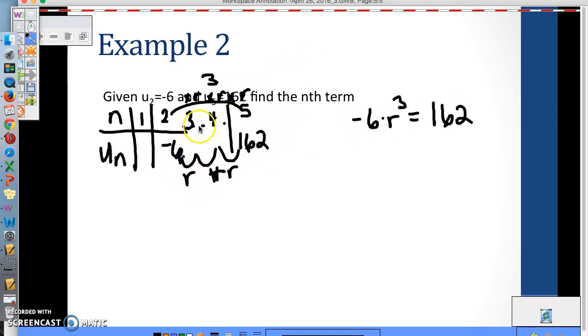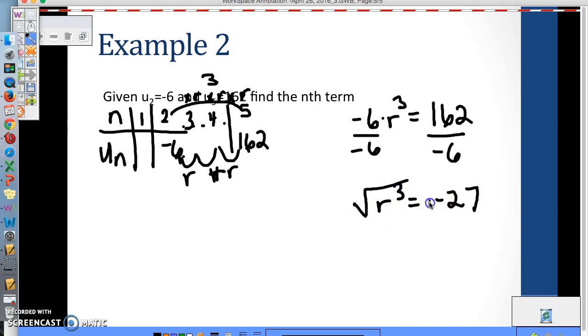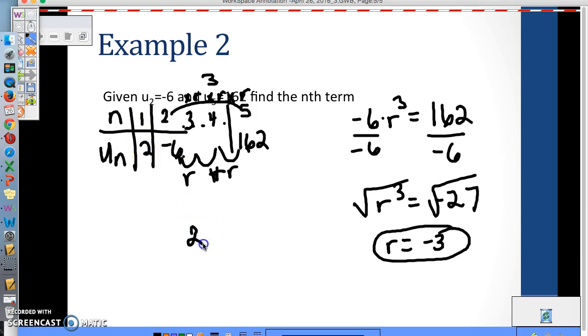Well, we start at -6, multiply by r 3 times, and we end up at 162. So if we divide this by -6, we end up with r cubed equals -27. Take the cube root, and we end up with r being -3. So if we have to find our first term, we can divide by -3, so u sub 1 is 2. So 2 times -3 to the n minus 1, that gives us our u sub n.